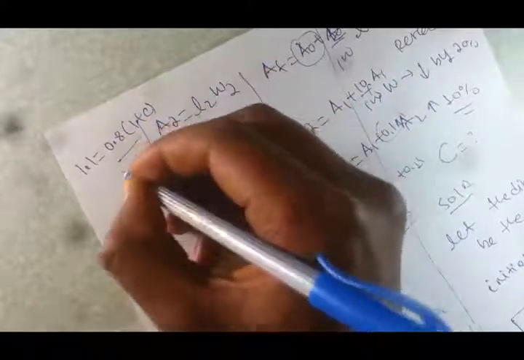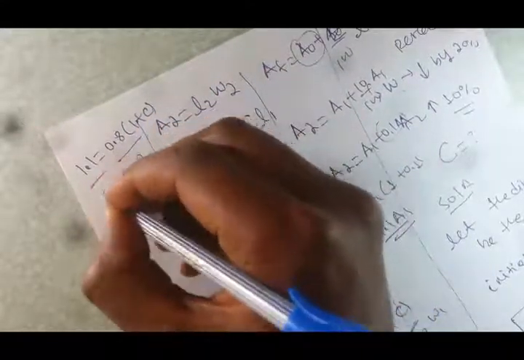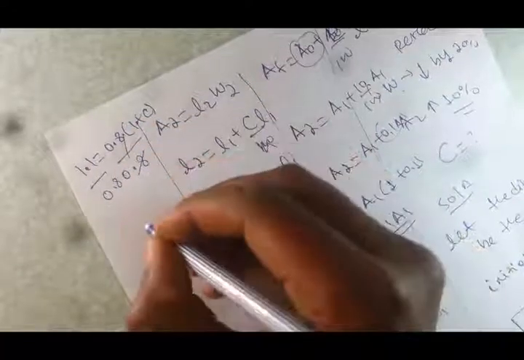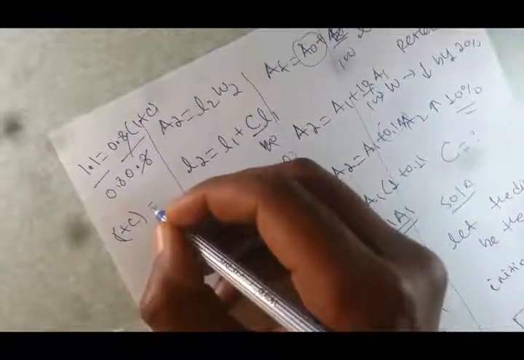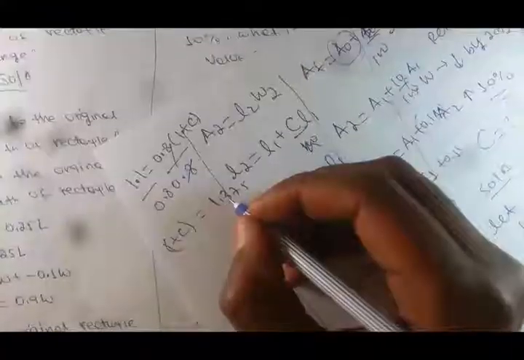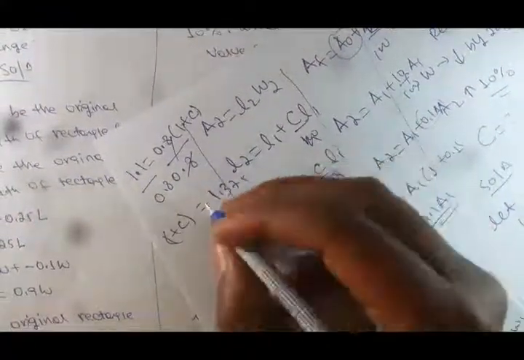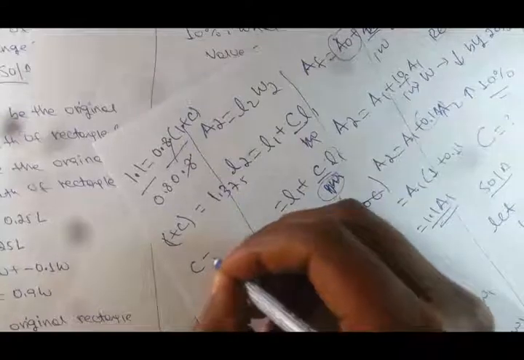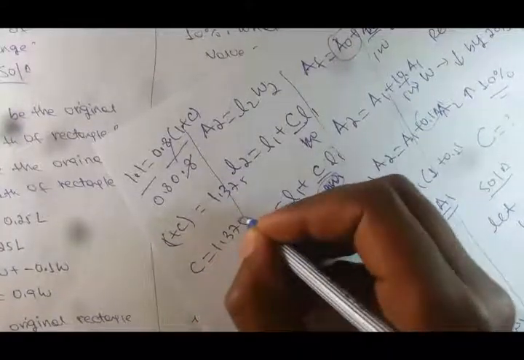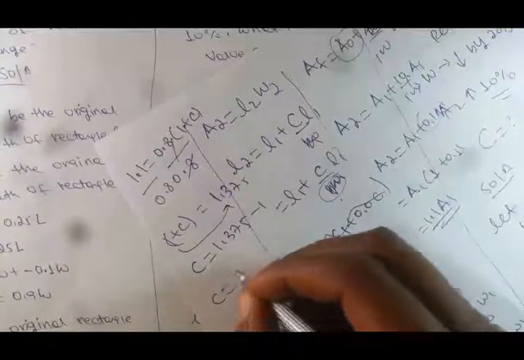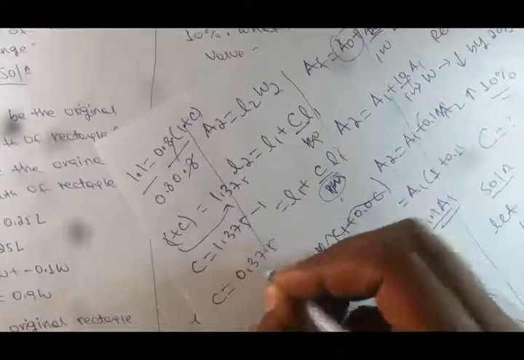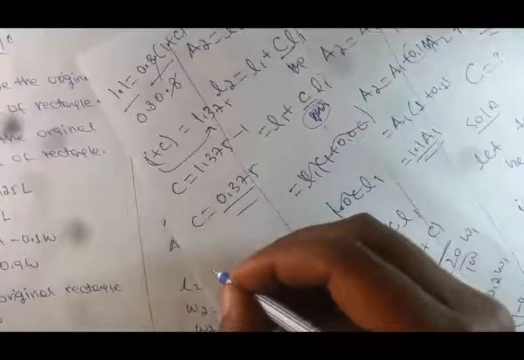When we divide by 0.8, 1 plus C is equal to 1.375. So to find C, C is equal to 1.375 minus 1. When we bring 1 to the right, therefore C is equal to 0.375.